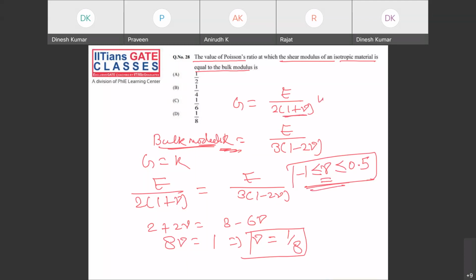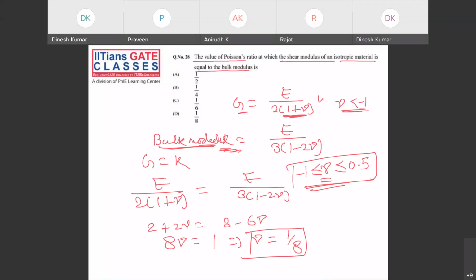Now you can see G cannot be negative. G cannot be negative means nu cannot be lesser than -1. So if nu is less than -1, G will be negative.